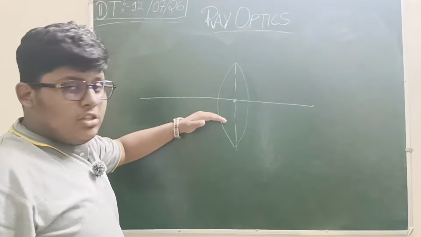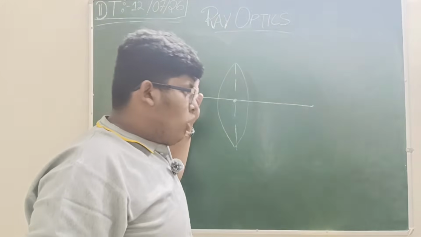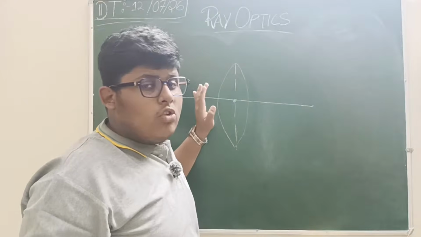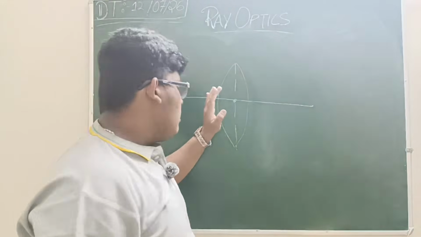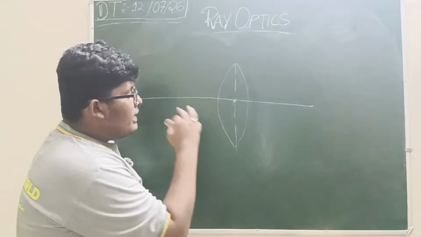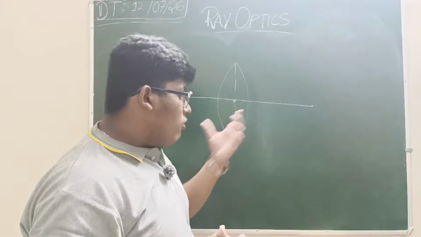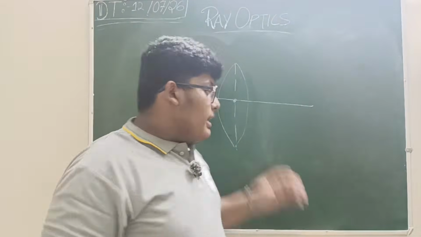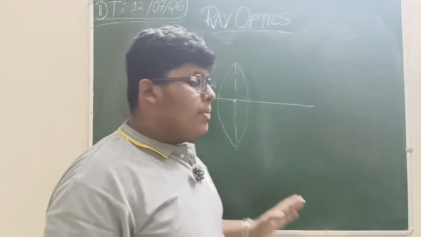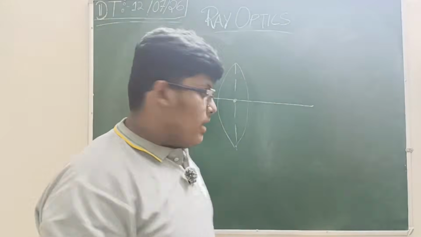This is the principal axis of convex lens. The sign convention of convex lens also follows the sign convention of concave lens. That is, anything that lies right side to the pole of convex lens is positive, and anything that lies left to the pole of the convex lens is negative.